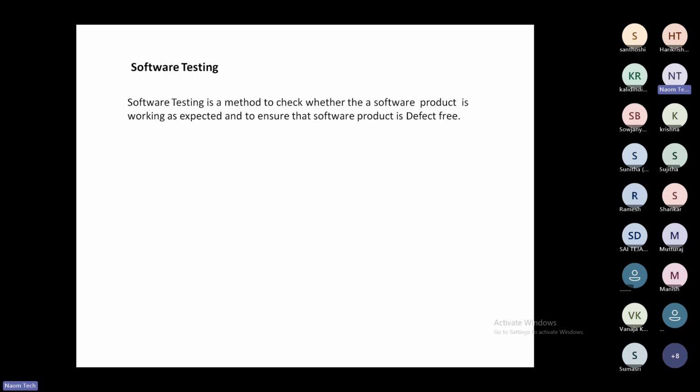People develop it and release it to production, or to live. But before that, how do you confirm that your product is error free, bug free or defect free? That is where testing comes into the picture. It's very simple: testing verifies and validates that your product is bug free, so that customers don't face any issue once it is released to live or production. I hope this is clear for all of you.